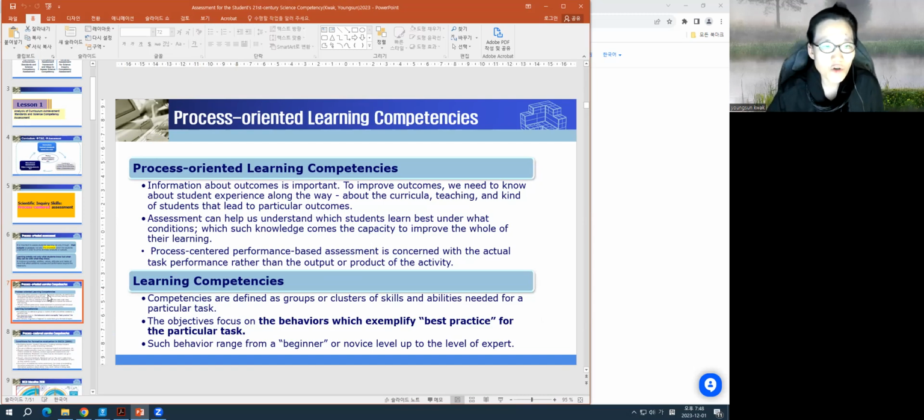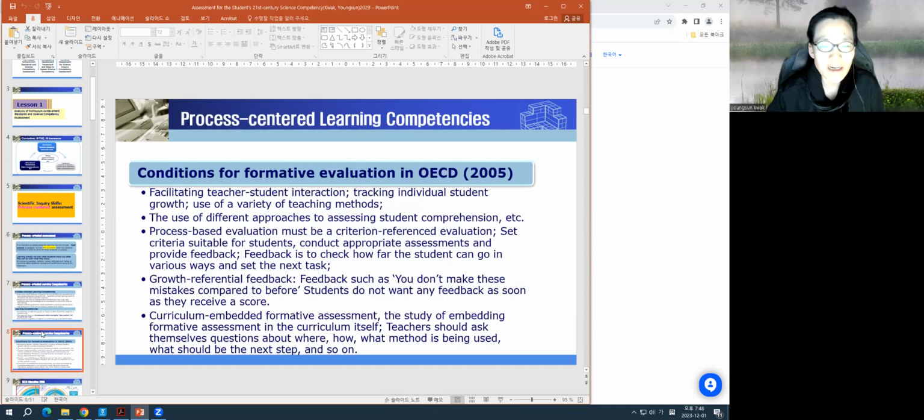In terms of science competency, we are talking about how students can conduct inquiry. Inquiry is all about how to know or how to produce science knowledge.